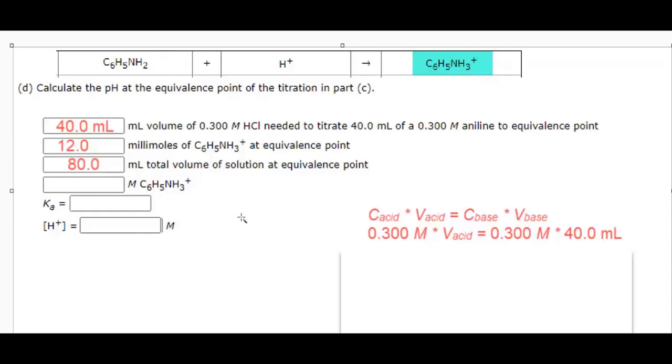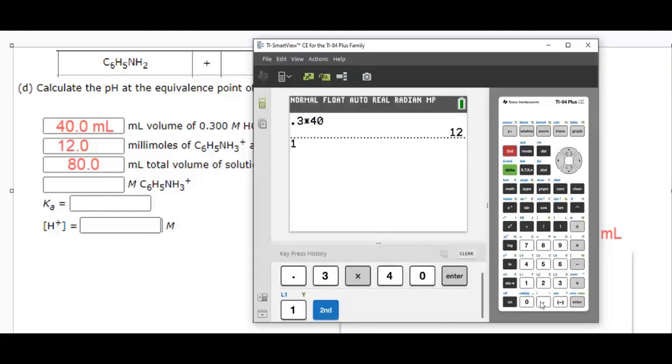Earlier in this problem, you had to find the Kb of the base. And once you have the Kb of a base, you can figure out the Ka of its acid just by dividing 1 times 10 to the negative 14 by it. That was asked earlier, and already we know the Ka of this acid. Well, let's do the calculation anyway. 1 times 10 to the negative 14 divided by the Kb will give us the Ka.